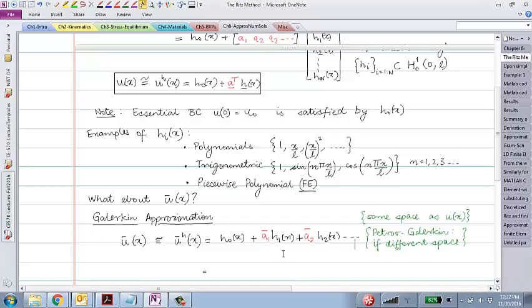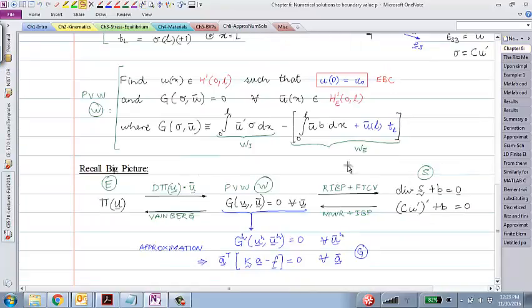What are the conditions that the virtual displacement must satisfy? It also has to be in h1, so that's fine. All of these functions are in h1. They are all first derivative square integrable. But in addition to that, the virtual displacement must also satisfy, where is that? Here. That basically says that u bar of x has to be equal to 0 at x equal to 0, or gamma d, right?